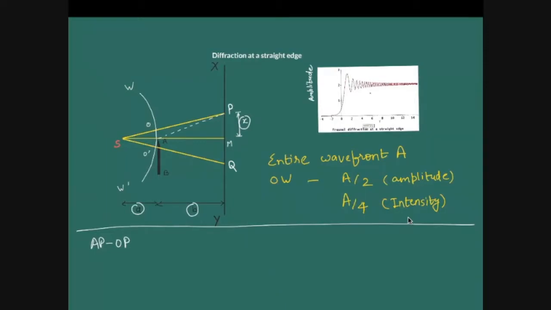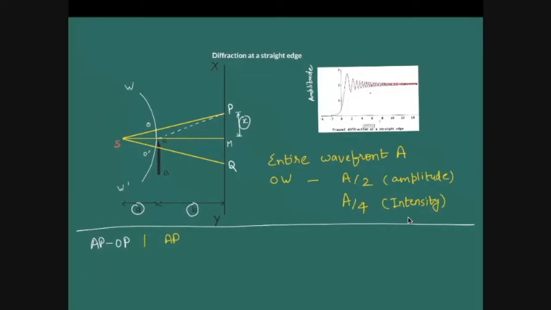So now let us first write what is AP and what is OP. So can I write AP as, what is my AP? We can consider this right angle triangle AMP.